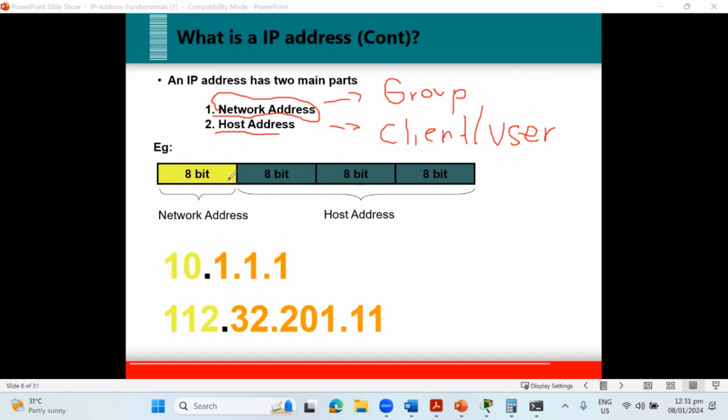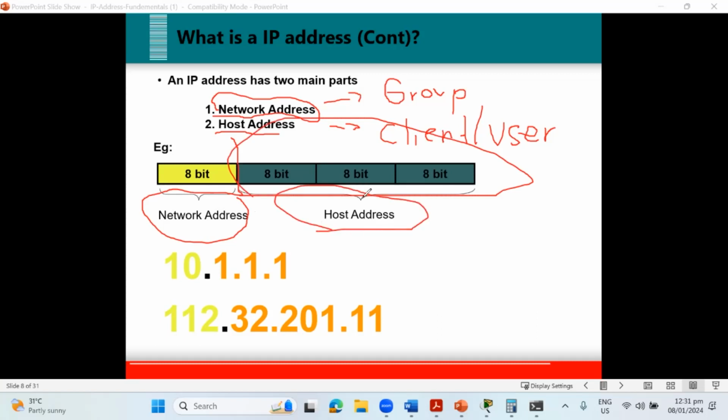For example, we saw 8-bit, 8-bit, 8-bit. One part is given to the network and the other part is given to the host. It's just a single IP address, divided into two parts. For a certain IP address such as 10.1.1.1 and 112.32.201.11, it is divided into two parts.